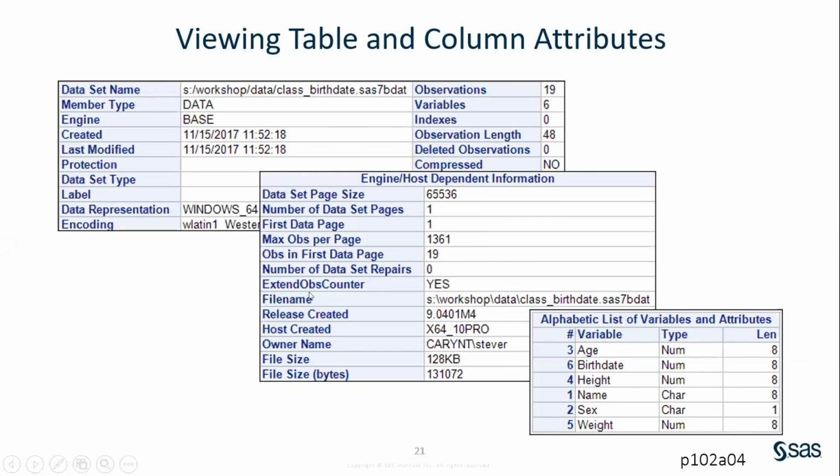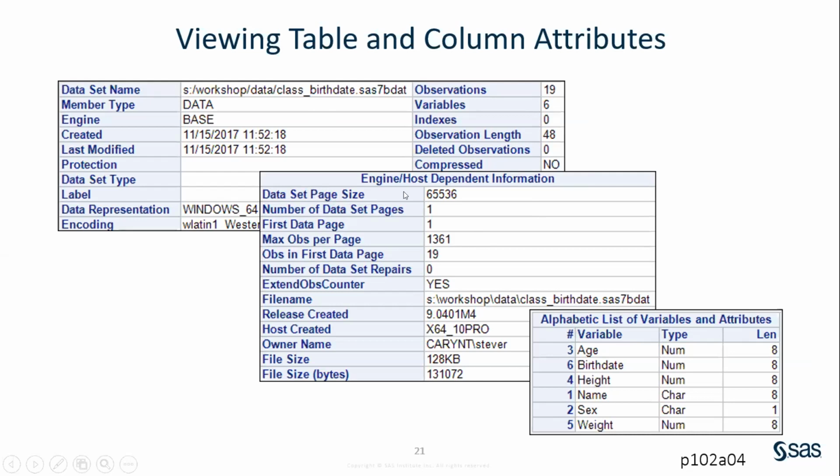Then the second part of the contents output is the engine host information. Engine host means when a table in SAS is saved, it is saved as pages. It's a virtual way of thinking and imagining how things are in the backend. So every data set is saved as pages.